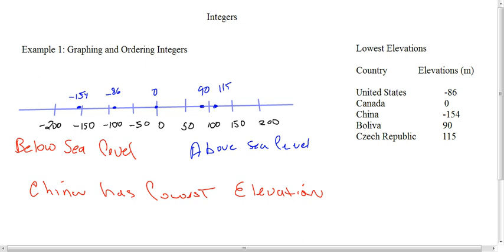Order means to put it in some consequential or sequential order. Can we do so from greatest to least? Yes, we can. And notice we're going from right to left here. Czech Republic, 115. Bolivia, 90. Canada, 0. United States, a negative 86. And last, China with a negative 154.